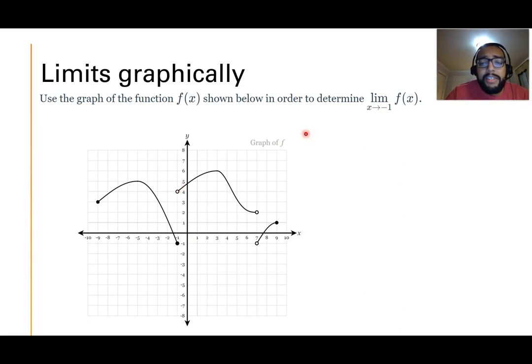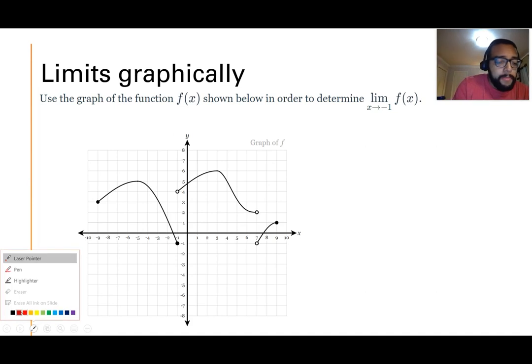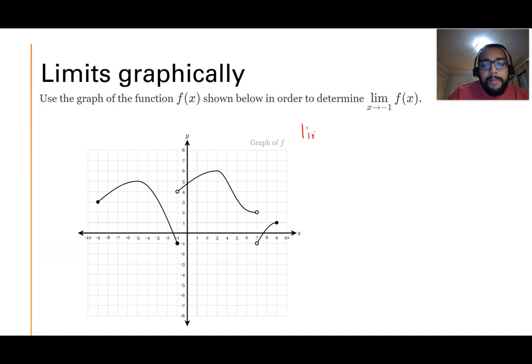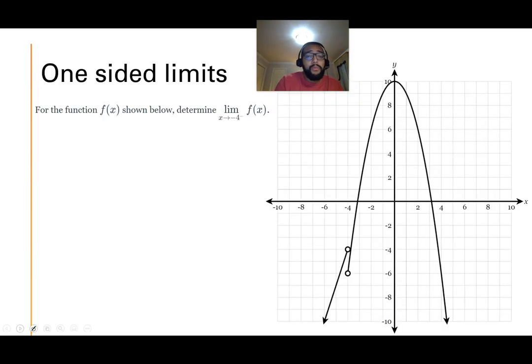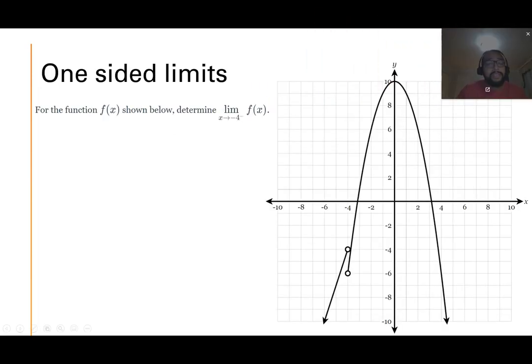Since the limit as x approaches negative 1 from the left does not equal the limit as x approaches negative 1 from the right, this limit does not exist. It doesn't exist because the limit from the left-hand side and from the right-hand side are not equal, which is what we need in order for it to exist.